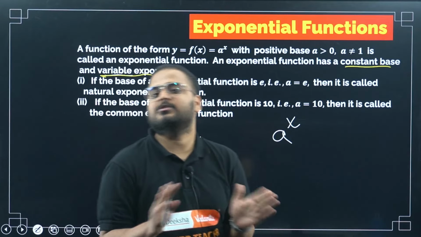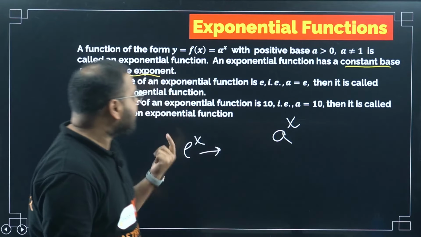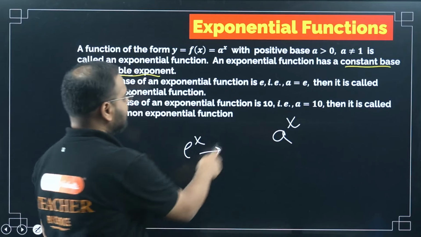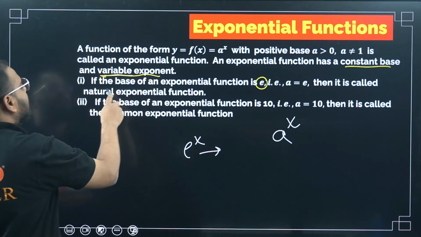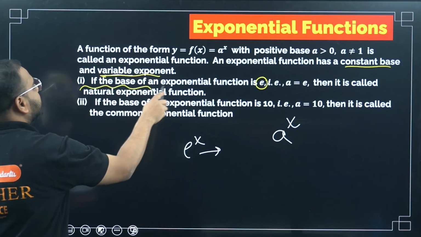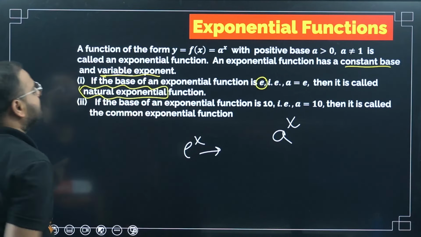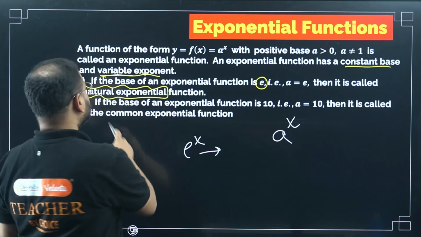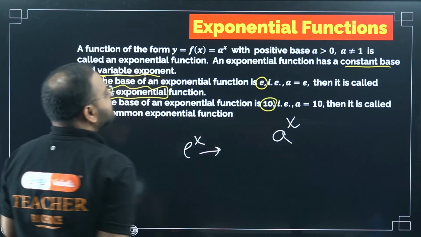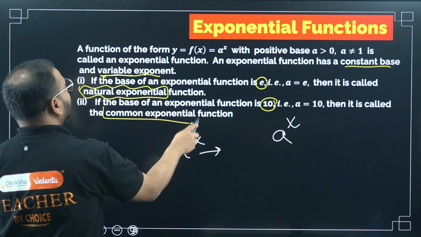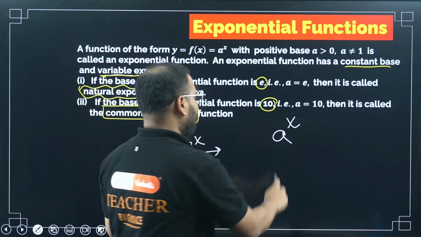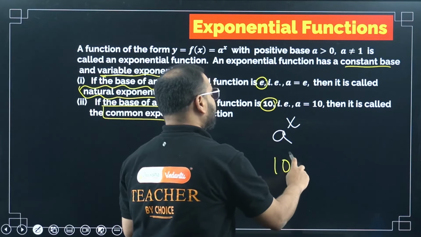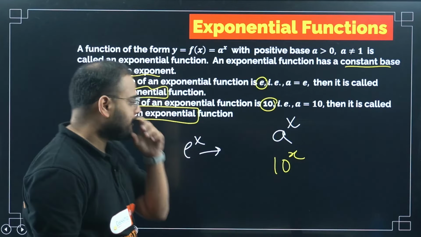Now, if I have the base as e, I call the function the natural exponential function. And if the base is 10, I call it the common exponential function, for example 10 power x.